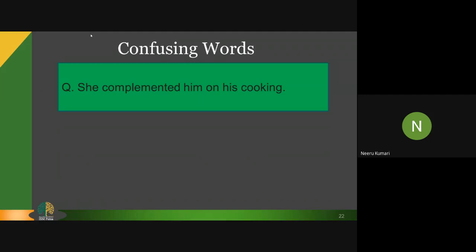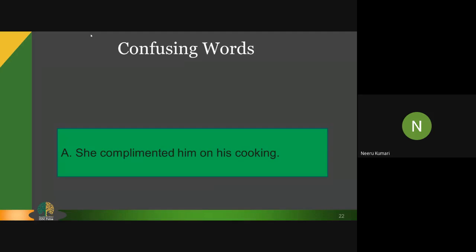I think you all might have taken up this bit of exercise and you are ready with your answer. Here I come up with the solution. The solution is complimented, not COMPLEMENTED, rather COMPLIMENTED. Now, what is the difference between complement and compliment?